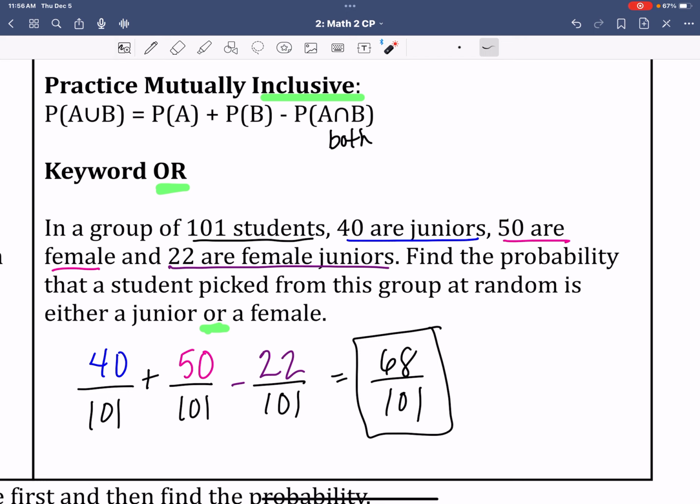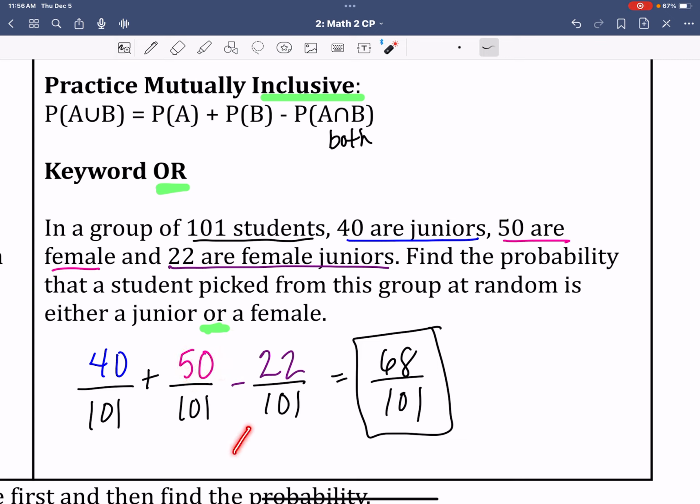So we need to figure out our juniors out of the total, and then take the probability of female over total.